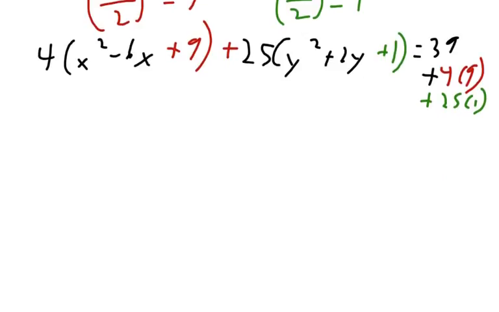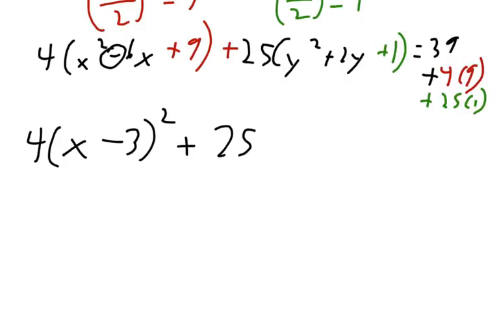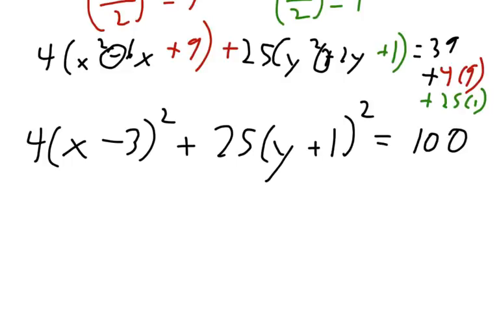So at this point we got 4 times x minus 3 squared, plus 25 times y plus the square root of 1, which is 1, squared, equals 100.